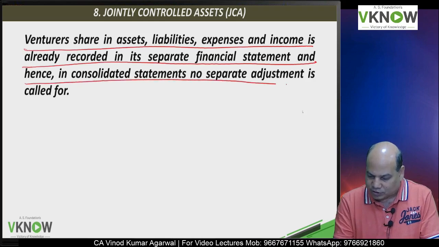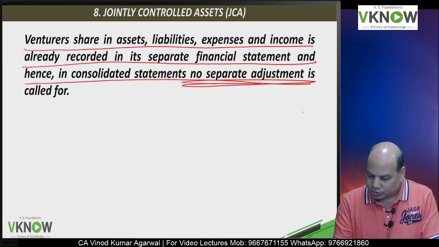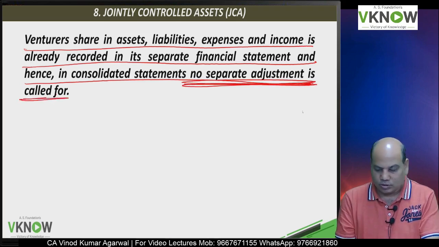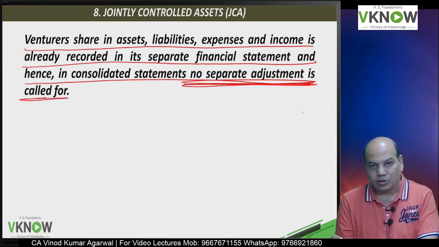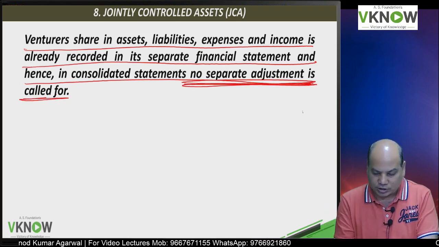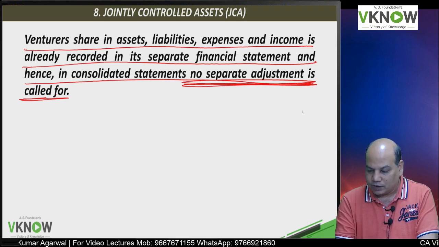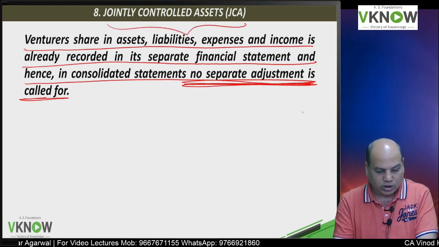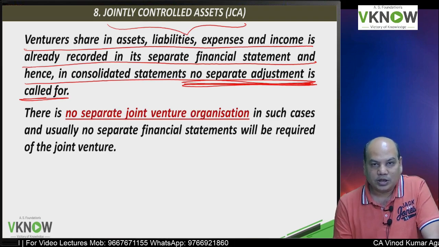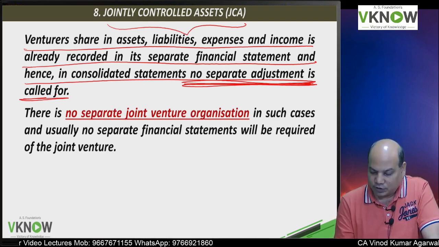Hence in CFS, underline this, because it can be a question in the notes: whether I need to make any special or additional adjustment in the consolidated financial statement. The answer is, if it is a case of a jointly controlled asset, we are not required to prepare any additional or special entry in CFS.